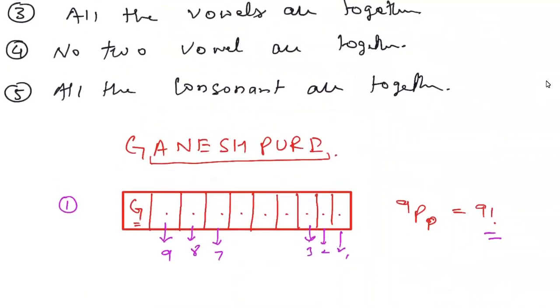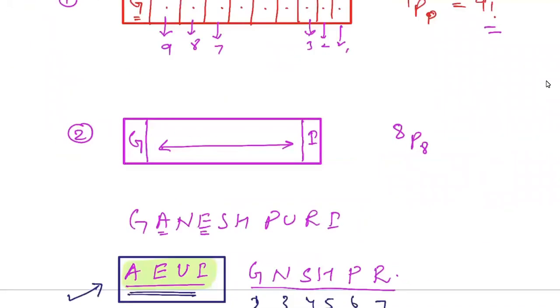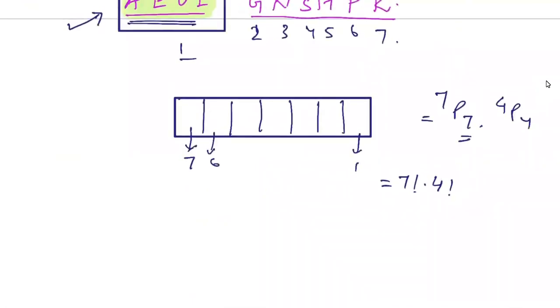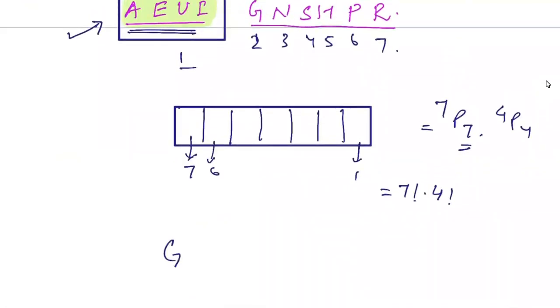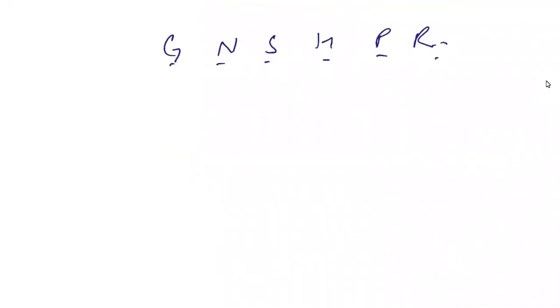Next, no two vowels are together. Right? So see, G, N, S, H, P, R: 1, 2, 3, 4, 5, 6. 6 consonants are there, right? If I write 6 consonants, then there are 1, 2, 3, 4, 5, 6, 7 places.